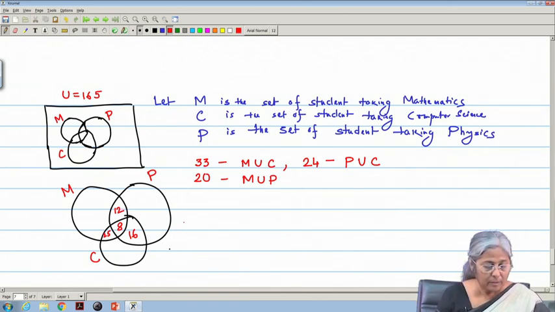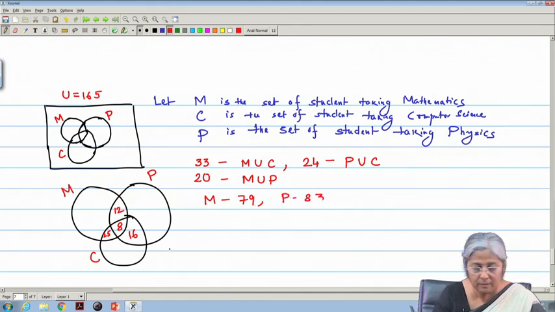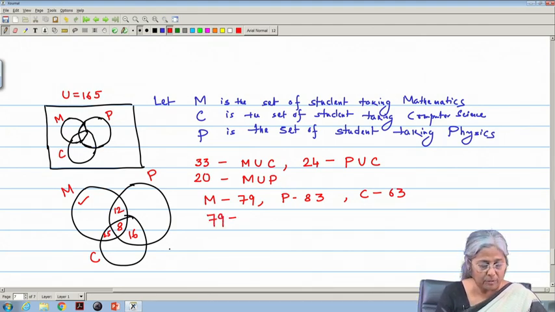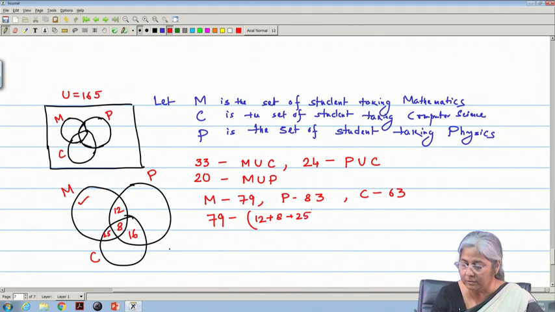Now, I have mathematics students 79, physics students 83 and computer science students 63. So, clearly I can write that only mathematics students: that will be 79 minus these 3, that means 12 plus 8 plus 25, we take the difference, and this will be clearly 34.